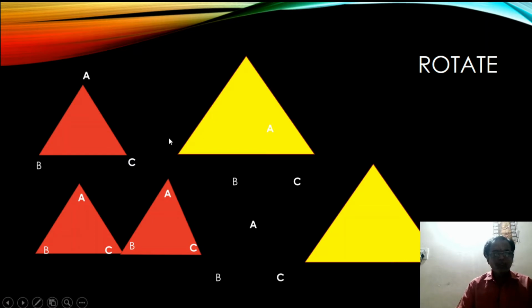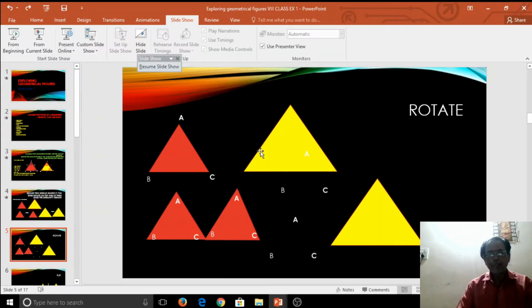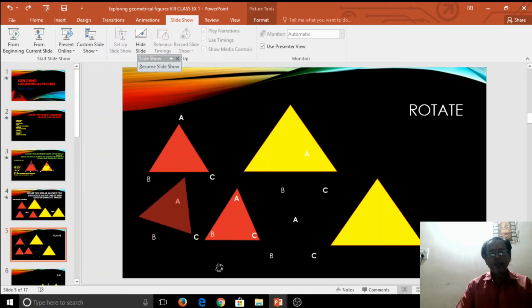Now next, rotation. For rotation, two triangles ABC, and here also it is ABC actually. Now rotate this in this way, a full rotation. Does it change its similarity?